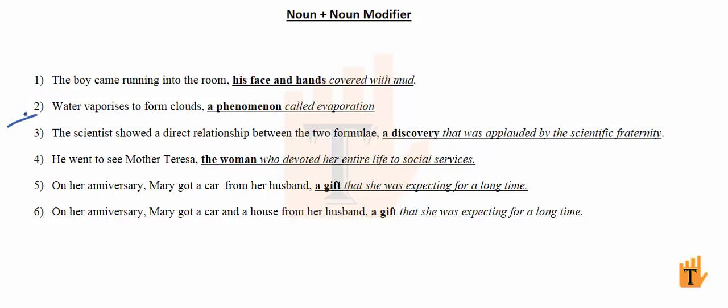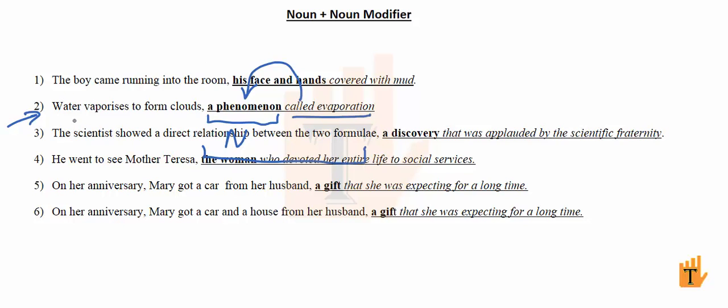Water vaporizes to form clouds, a phenomenon called evaporation. So this, a phenomenon, is your noun. Called evaporation is a past participle introduced modifier used for this particular noun, and this entire phrase acts as a modifier for something, either a particular noun in the previous clause or the entire clause.